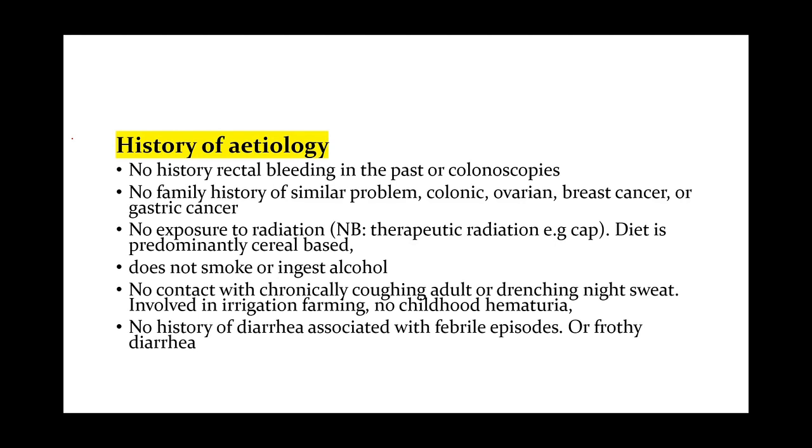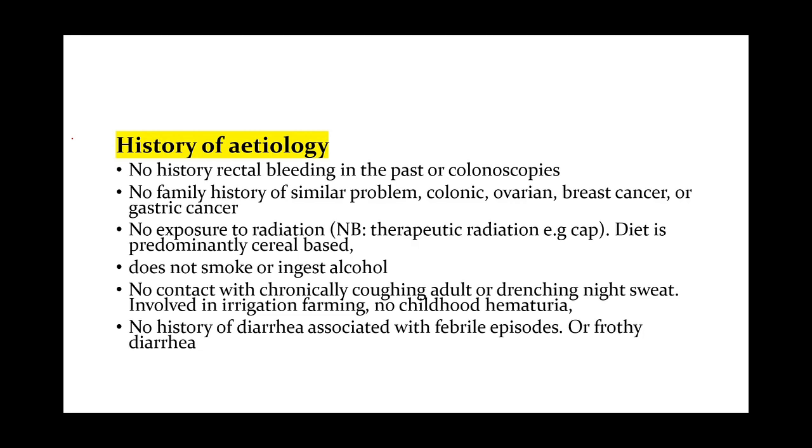No family history of similar problems, colonic, ovarian, breast cancer, or gastric cancer. No exposure to radiation. Diet is predominantly cereal-based, does not smoke or ingest alcohol. No contact with chronically coughing adults or drenching night sweat.